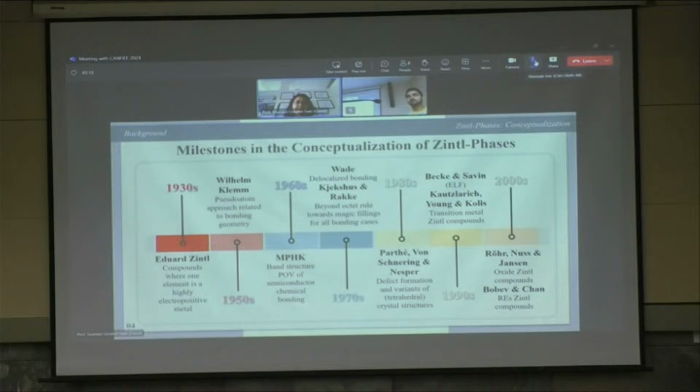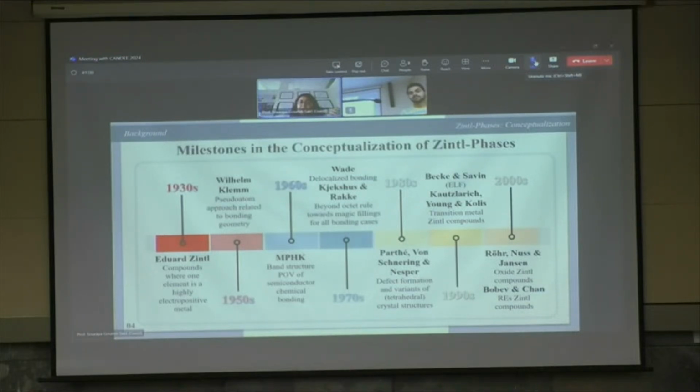Then we have Wilhelm Klemm, who built a theoretical model, an approach, to check if certain compounds or elements in the periodic table can create or build Zintl phases. After that, we started with different Hamiltonians and theoretical approaches to go beyond the structure and explore the bonding.